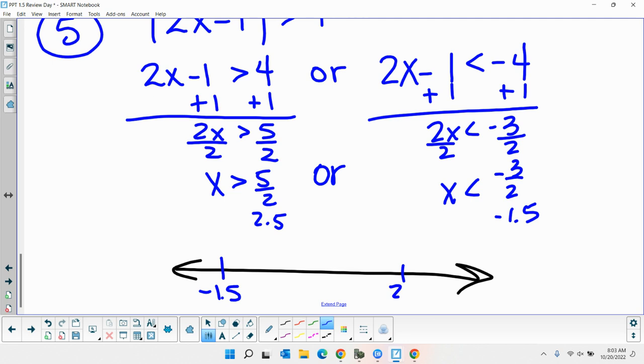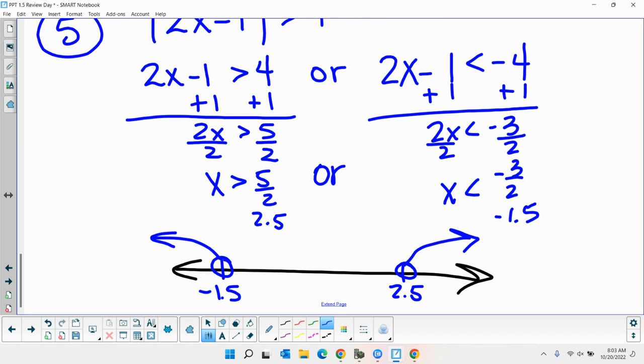The 2.5 is the one on the right. Now equal to, so we got circles at both. All right, so greater than 5/2 would be that way, and less than negative 1.5 that way. That's what usually happens with the ors. They usually go opposite directions like that. Okay. Questions?